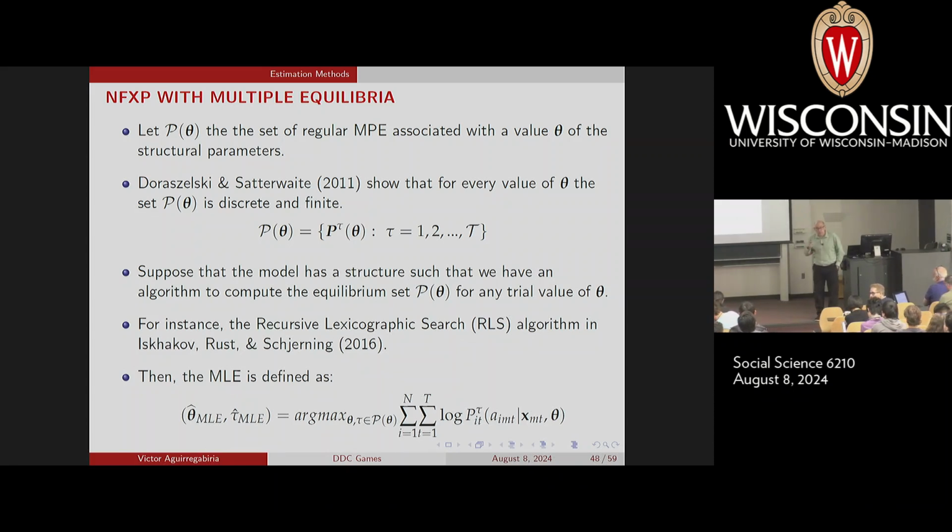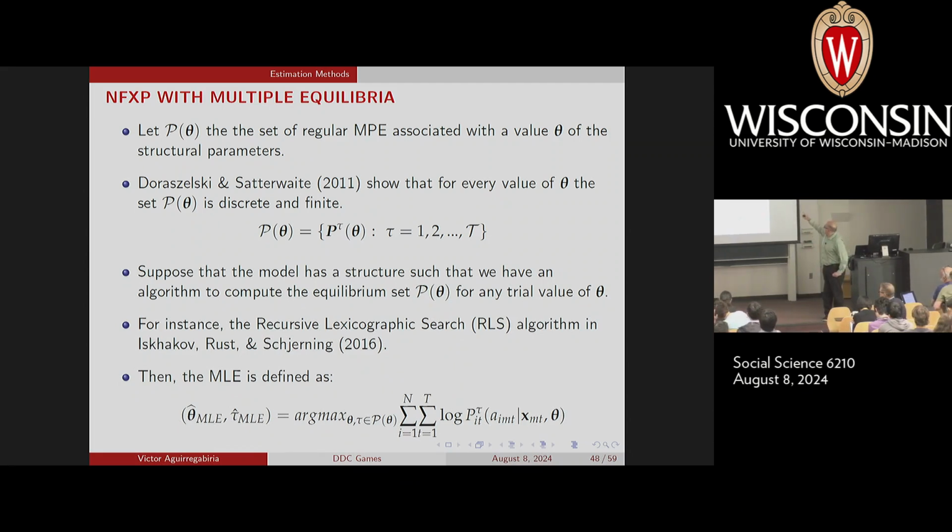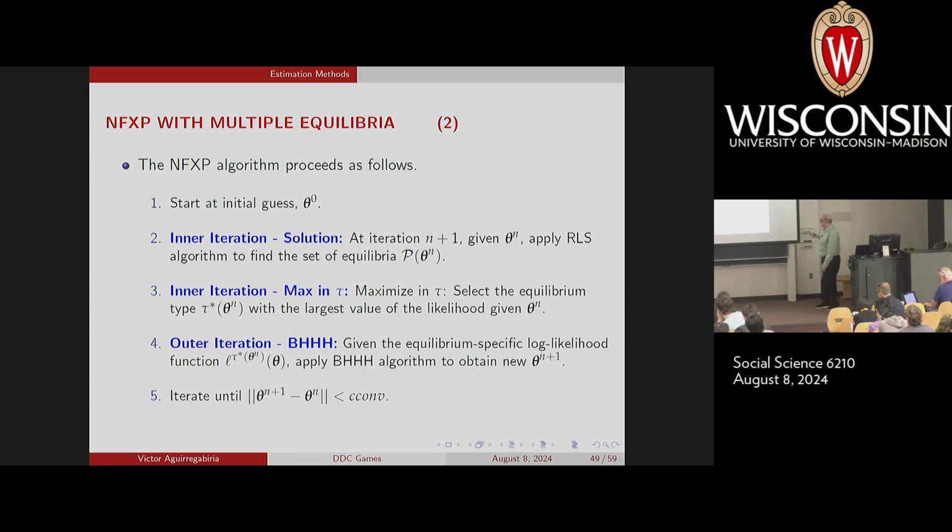This is generic, that's what they mean by generically. For every value of theta, there is a finite set of regular equilibria, but there may be infinite non-regular equilibria.